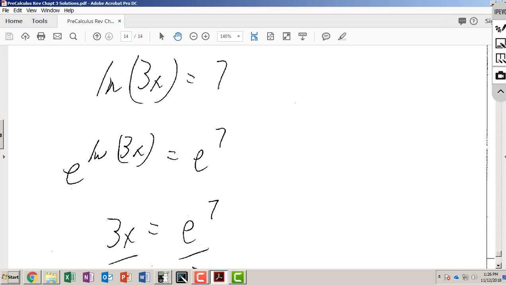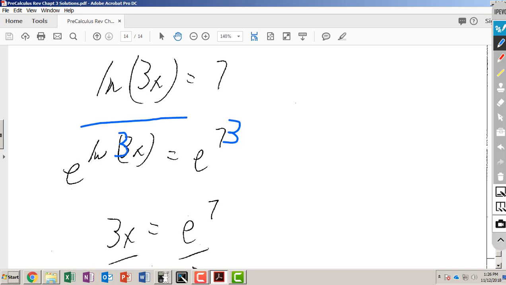Notice that 3x is tied in together. You're solving the equation, you're just kind of collapsing it down on itself. So the opposite of an ln is going to be e. So I take e of both sides. That's going to cross out e to the ln, and I'm going to end up with 3x all equals e to the 7th.